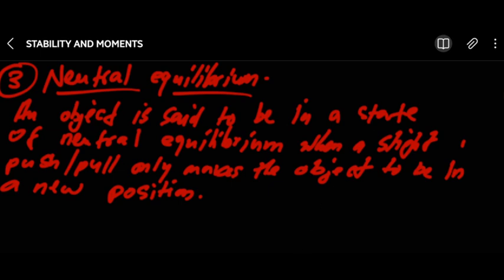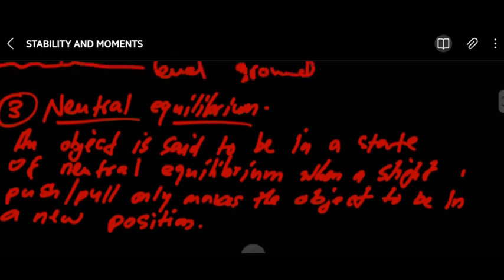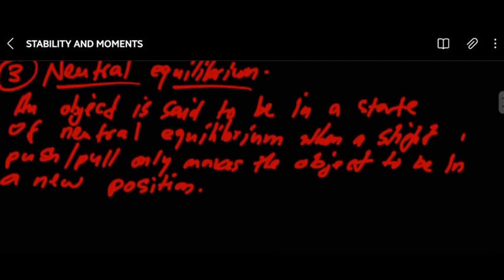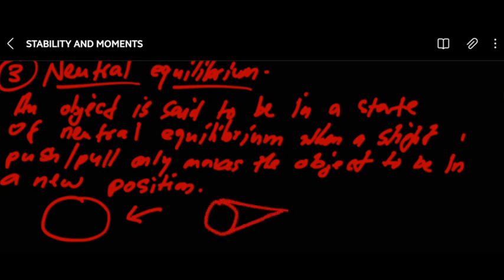Now an example is a ball. So let's say we have a ball here. Even when you kick this ball, you find that it will just change position. It won't topple over. Another example is a funnel. If we have a funnel like that, the center of gravity won't change, it will remain at the same height.